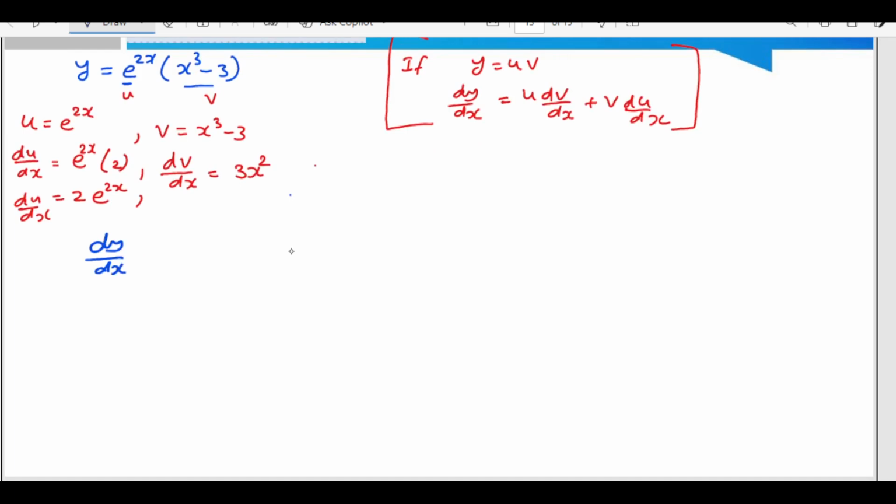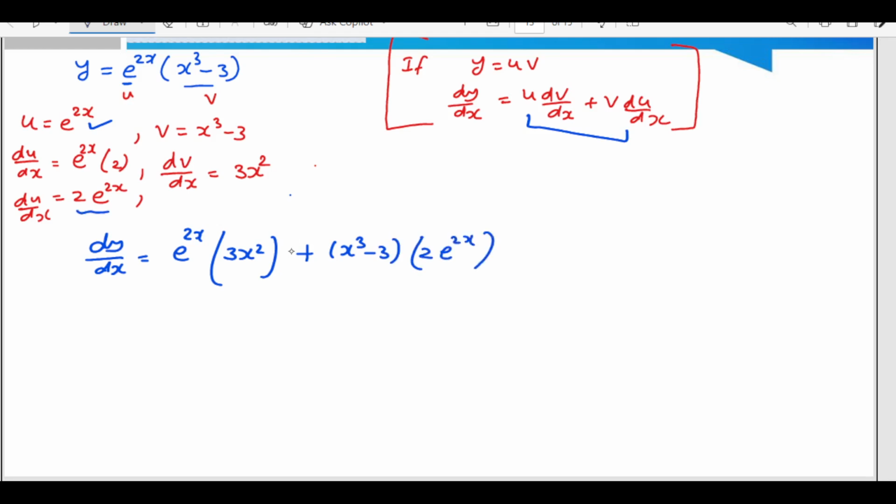So now we will be using the rule to find the derivative, that is dy over dx. dy over dx is now u dv over dx. u is here e power 2x and dv over dx is here, which is 3x squared, right? Then plus we have v, which is x cubed minus 3, and then we have du over dx, which is from here 2e power 2x.